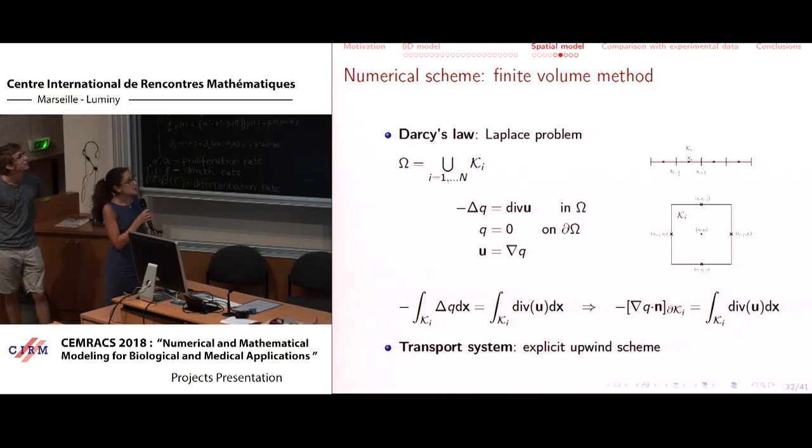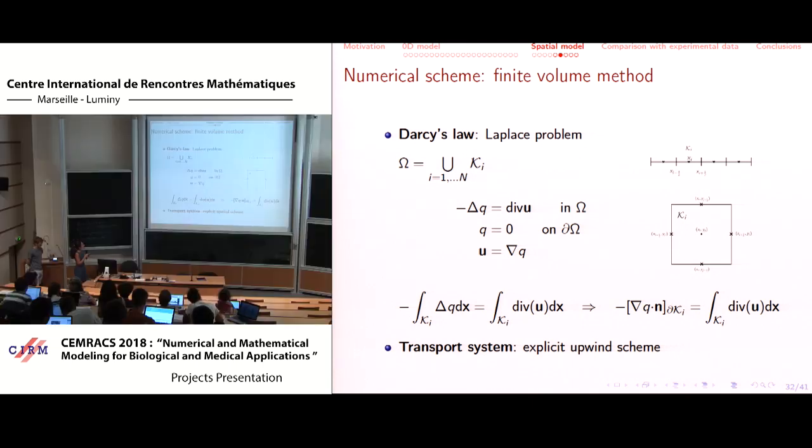Regarding the spatial model, we have applied the finite volume scheme in order to discretize the system. We first solve the Darcy's law, that is a Laplace problem. According to the finite volume method, this is the grid if we consider the 1D model, and this is an element if we consider a 2D model, so a square.